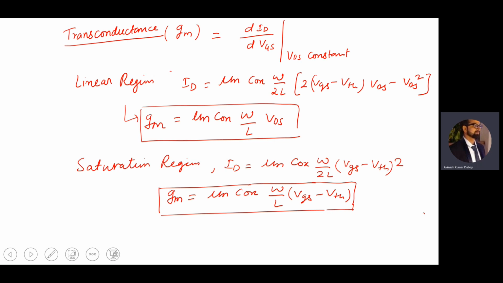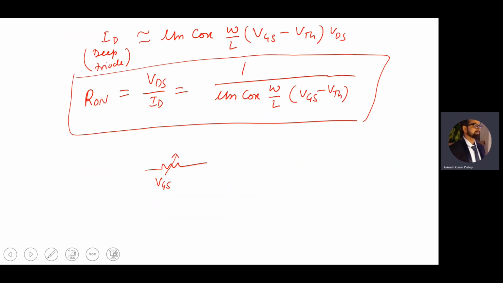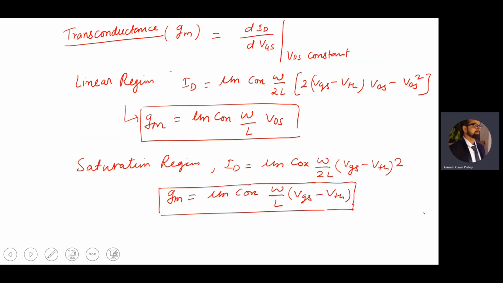So all the conditions we can also write for the PMOS devices. Like we have discussed, the first condition is that mod of VGS must be greater than or equal to mod of VTH to turn on the device. This we are writing for the PMOS.